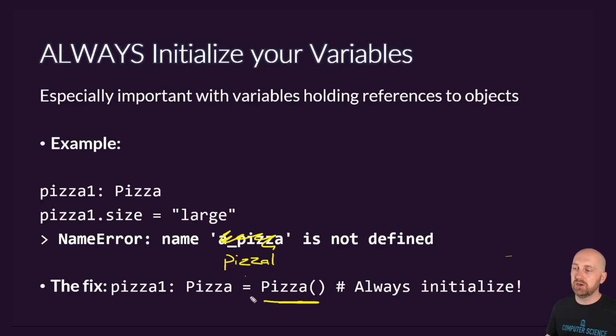Right? So you are encouraged, once you're comfortable with the idea that pizza1 in this example would store an object of type pizza, you're totally fine with omitting the type here and just constructing that object and assigning it to the variable directly as part of the initialization step.